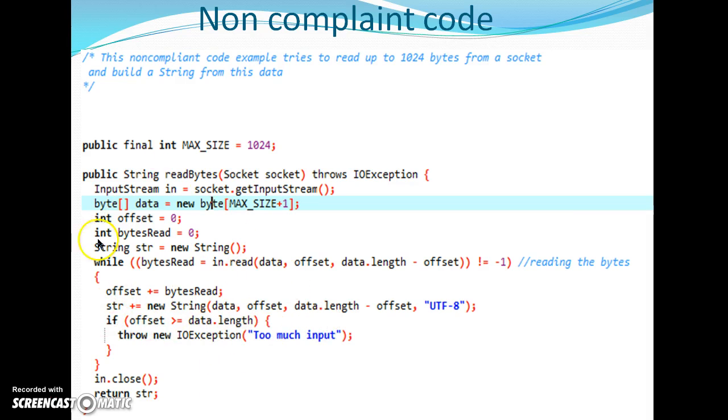So there is nothing much in this code. It seems fine, but it will create some problem. Let us suppose that in the ith iteration, the last byte read from the data stream is the leading byte of a character.